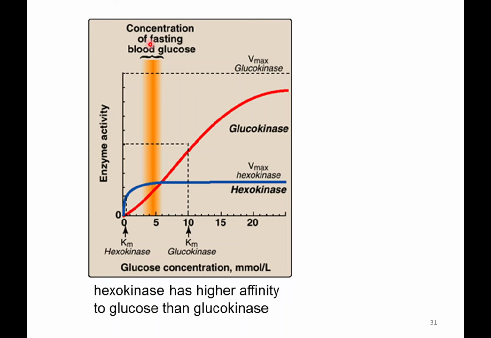This figure also shows you the concentration of fasting blood glucose. In fasting times, the hexokinase 1 activity is winning out, but as soon as you eat and get some blood sugar, that's when the hexokinase 4 activity is going to start dominating.